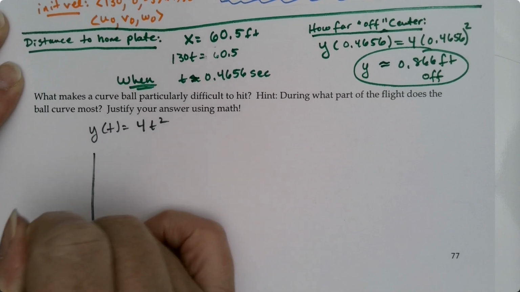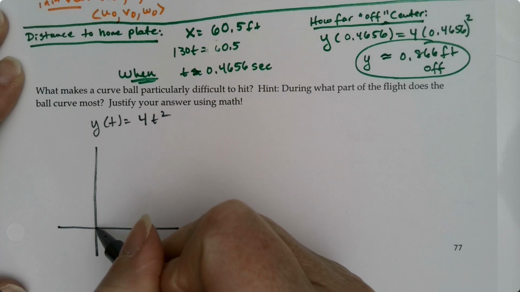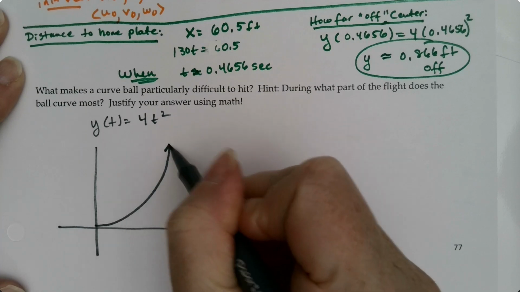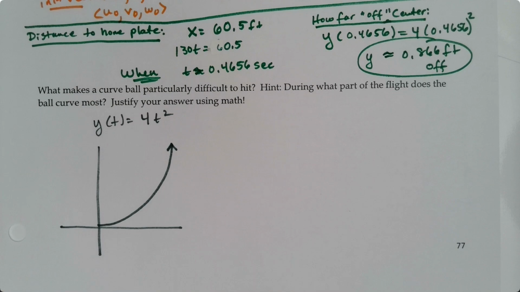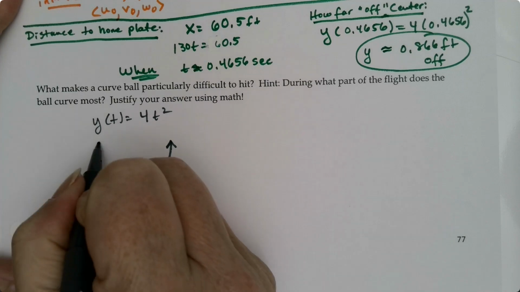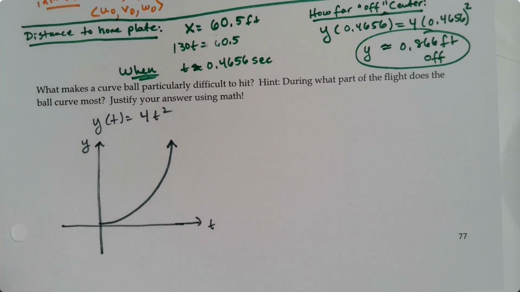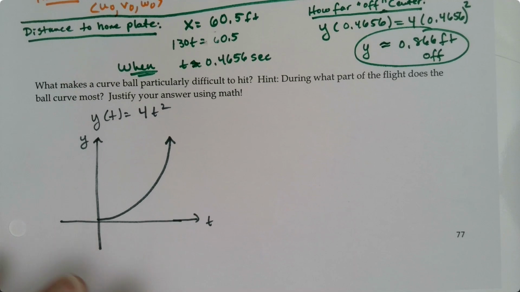We know what that looks like. That's a parabola, right? So it's a parabola that goes this way. So this will be t time, and this is y. Okay, so then we'll say that it lands at, what was it, 0.4656.